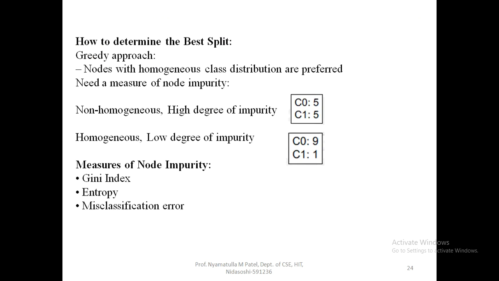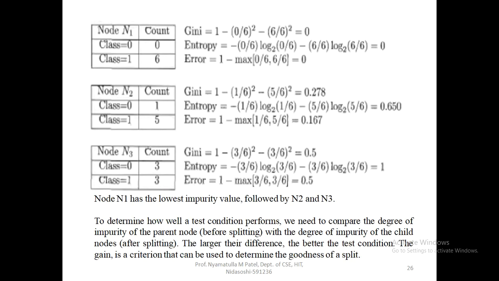Then we looked at how to determine whether a split is the best split. The best split depends on whether the nodes are non-homogeneous and have a high degree of impurity. We want homogeneous nodes with a low degree of impurity. Then how do we measure the impurity? The impurity measure will be based on Gini index, entropy and misclassification error.